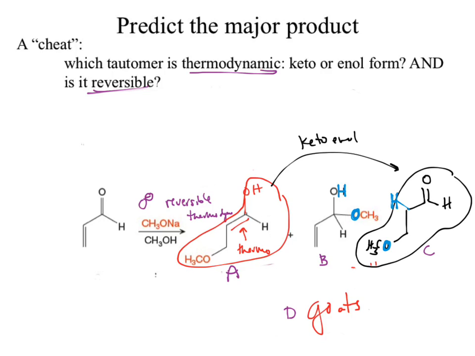Okay. Where's the 1,4 addition actually happening? In the enol form. That's your 1,4 addition. The oxygen's position 1, 2, 3, 4. Okay.